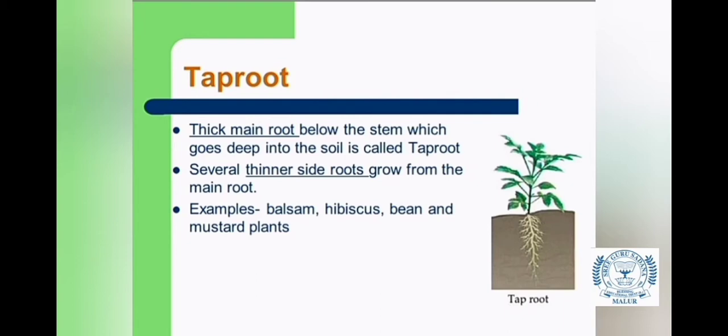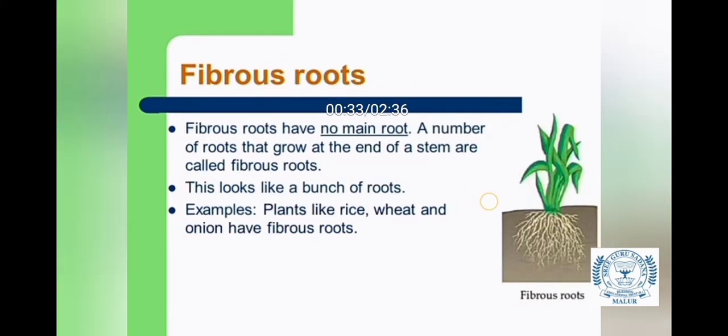So the taproot is below the stem, and there are also thinner side roots coming up. Examples: balsam, hibiscus, bean and mustard plants. These are good examples of taproot plants.